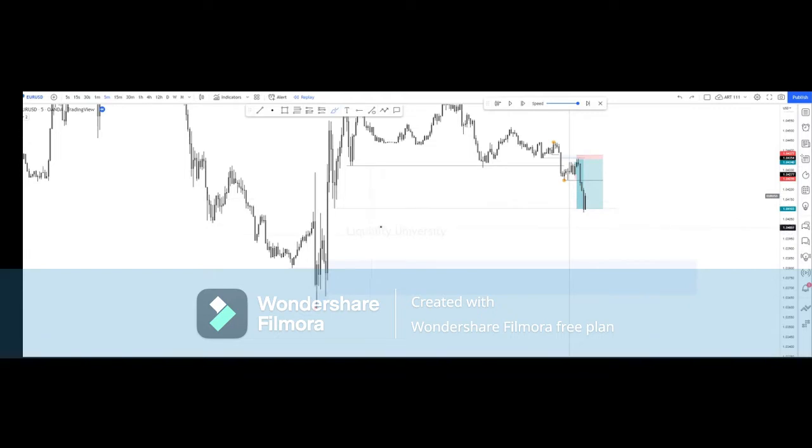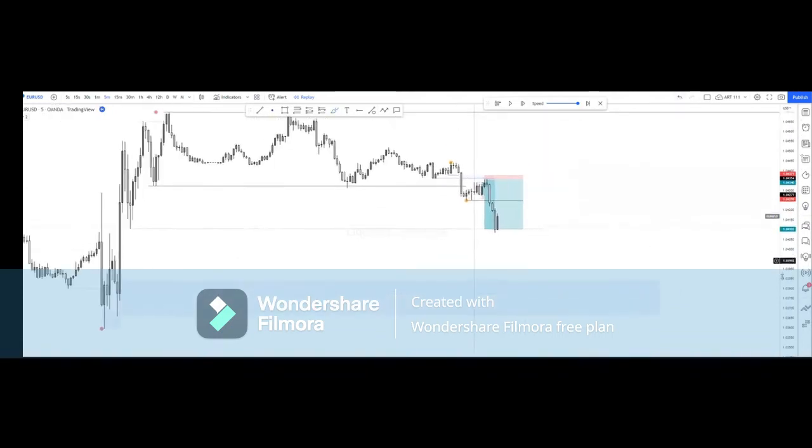Make sure you exit at the open of the POI, which will be here. Don't wait for price to come all the way down here. Just exit here. That's more than enough. Don't be greedy, but be aware that all of this is the POI, and price can react from here and just take off. So always be aware.